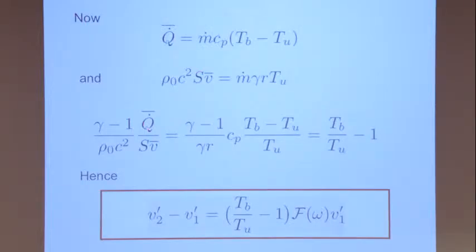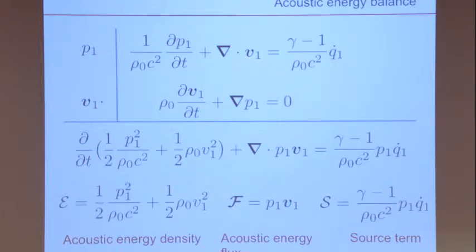When you write this expression in terms of these two quantities, basically Tb over Tu minus 1 comes in. So we arrive at this very simple expression. The velocity on the downstream side of the flame is equal to the velocity on the upstream side plus Tb over Tu minus 1 times f of omega times V prime 1. That's often used, especially in the premixed gas turbine industry.